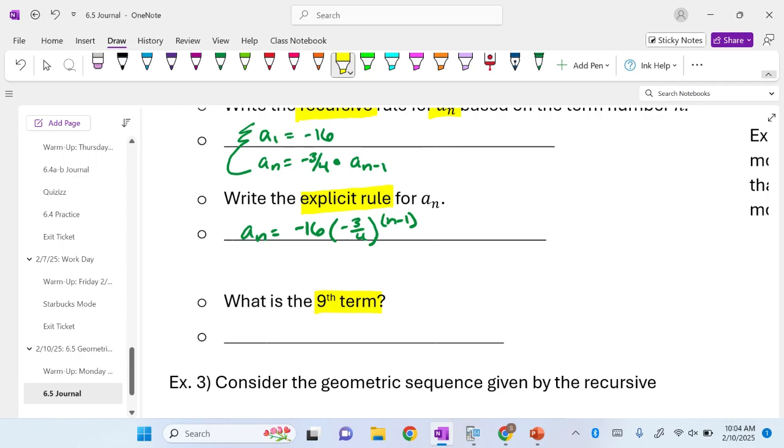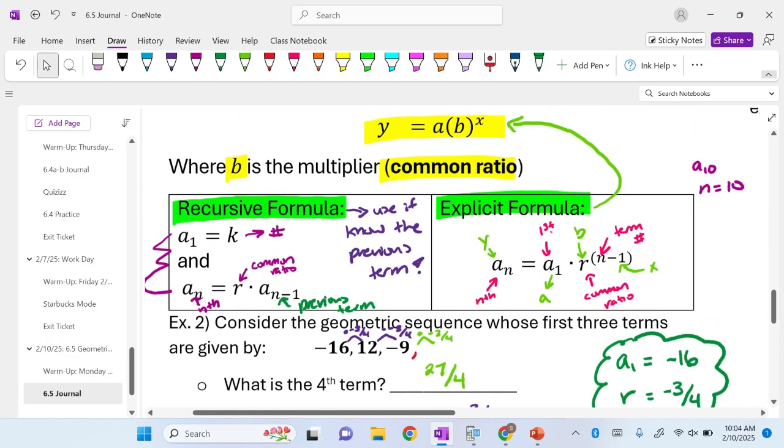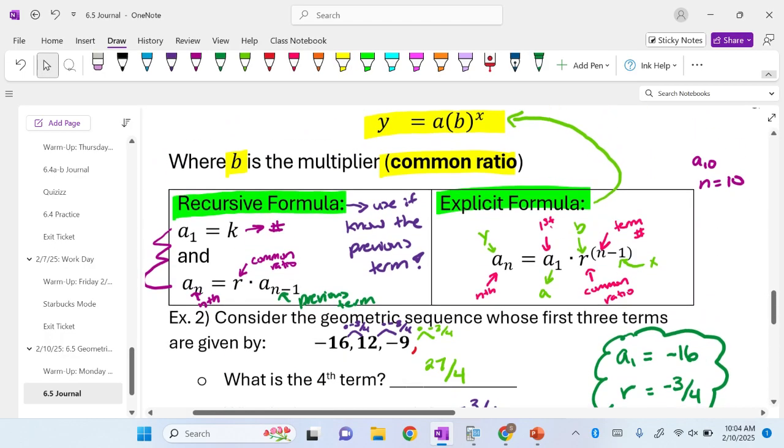What did I say is the best way to use the recursive formula if we have the what? So guys, if we use the recursive formula, we have to have the what? I literally wrote it up here. We have to have the what? The previous term. All right.